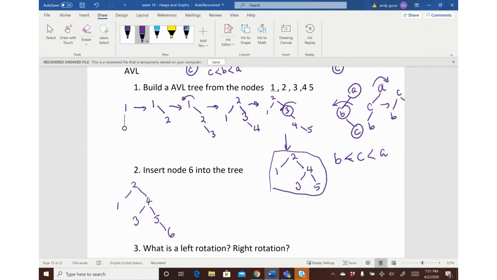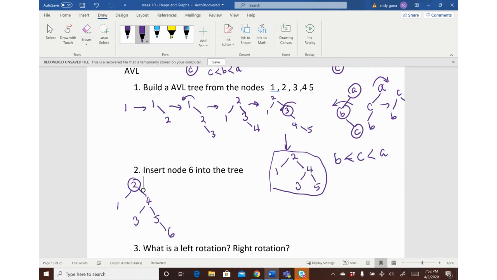Now, where's the balance factor broken in this case? The 2. The balance factor for 4 and 5 and 3 and 6 are all fine. 2 is the one that's broken. So we will have to do a rotation, right?